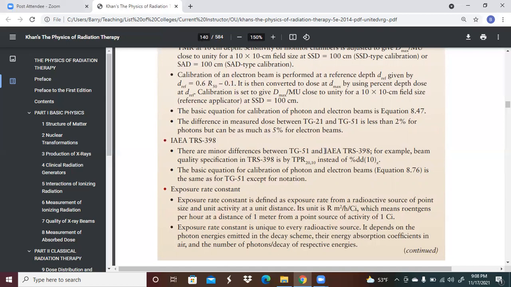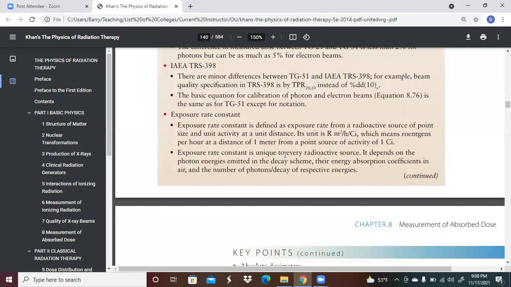Now, if you want to look at the difference in measured dose between TG21 and TG51, it's going to be less than 2% for photons, could be as much as 5% for the electron beams. Electrons are a little bit of a different animal. For the IAEA TRS 398, I'm not precisely sure exactly how much that is going to be used as opposed to TG51 here in the States.